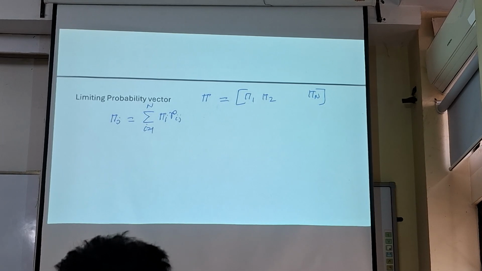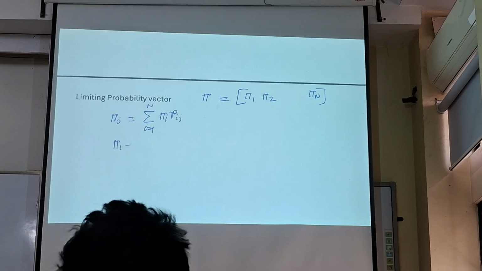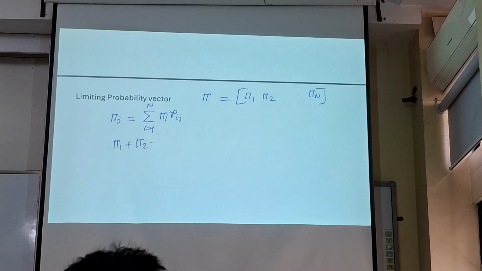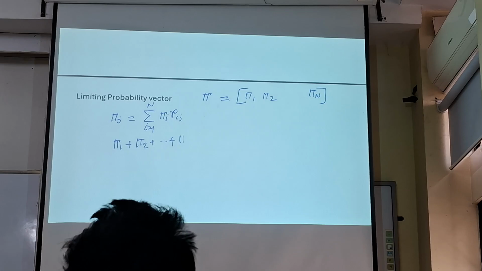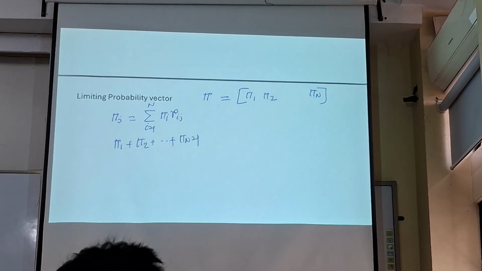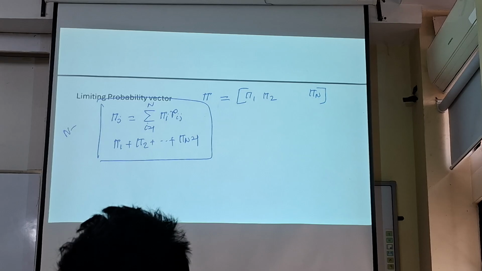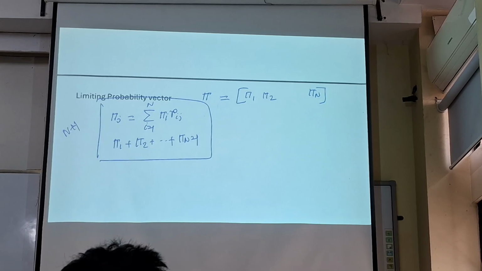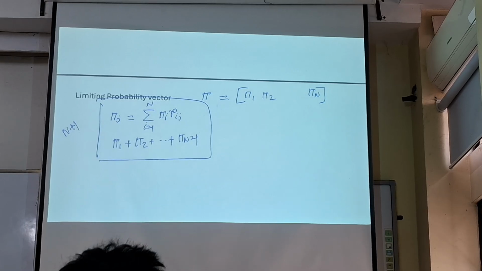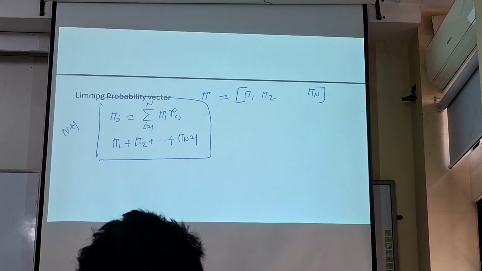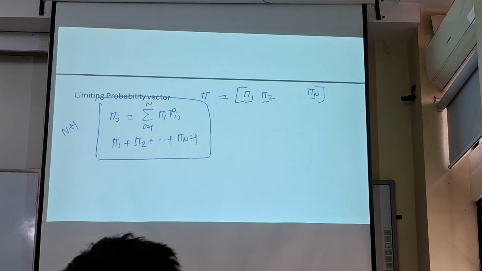And also the normalization condition. So this is the system of linear equations. How many equations are here? If we solve the system of linear equations, then we can find the values of these vectors, right? But there is one condition.